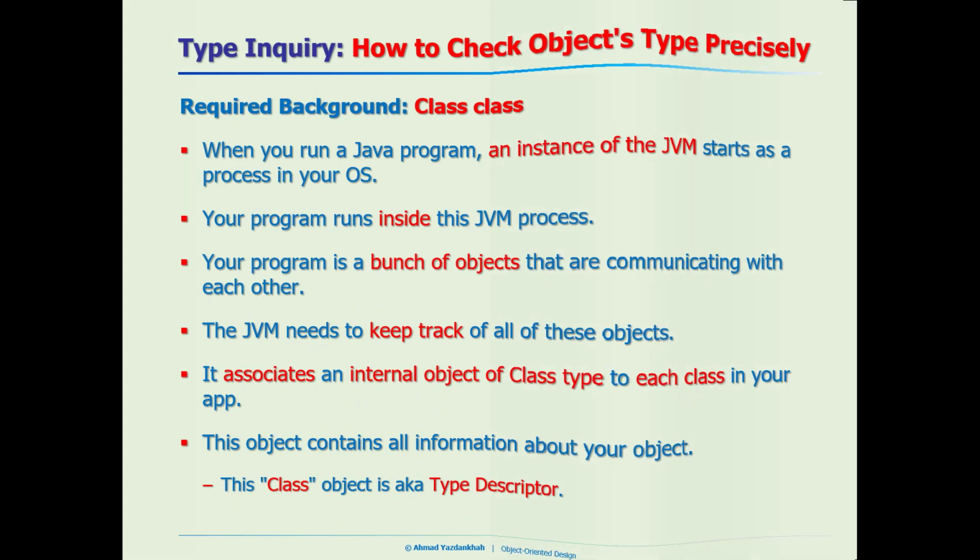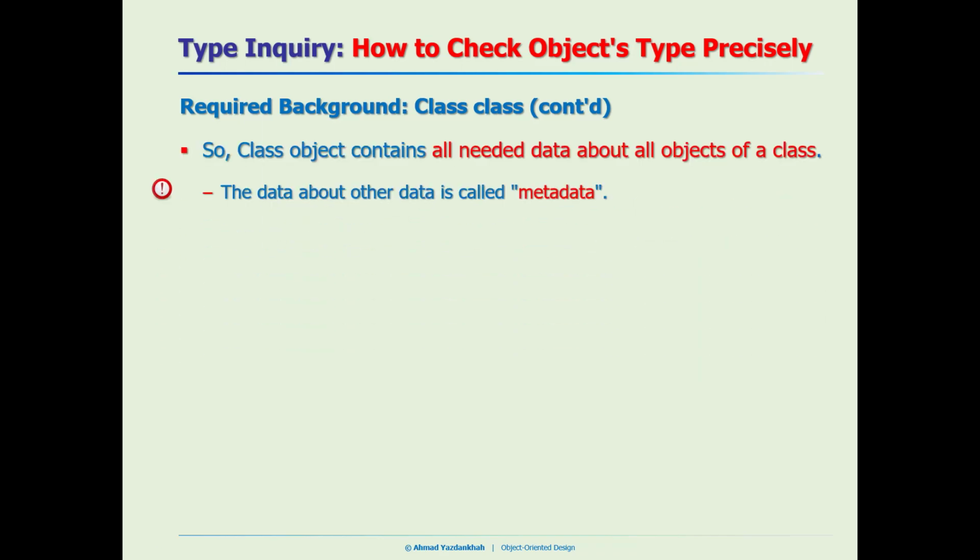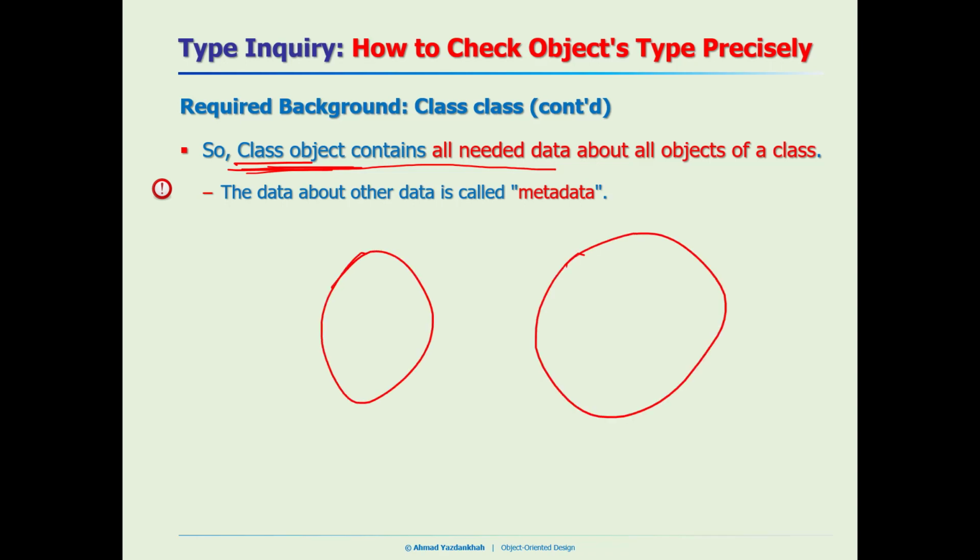Let's continue. So as we said, all of the needed data are inside that class object. Since this is a new term, let's say this is an employee and this guy is that class object.